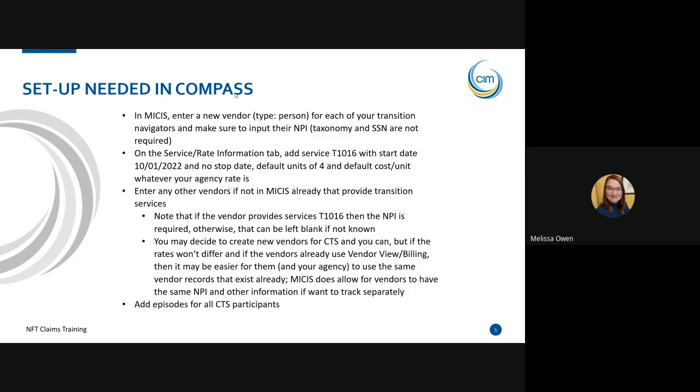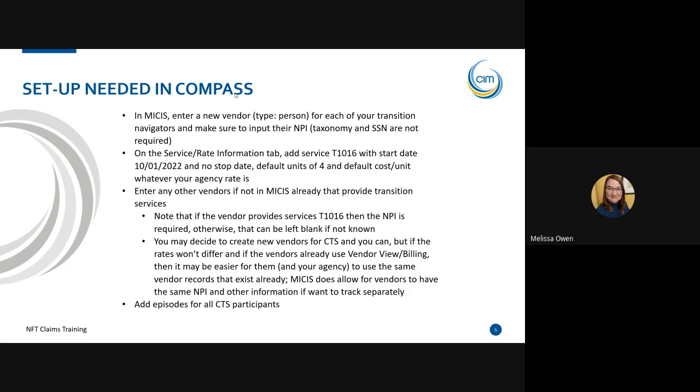Note that if the vendor provides the T1016 service, which is your transition navigation, then the NPI is required. So NPI is required for all of your transition navigators. Otherwise, you can leave that blank if not known. You may decide to create new vendors for the CTS itself.